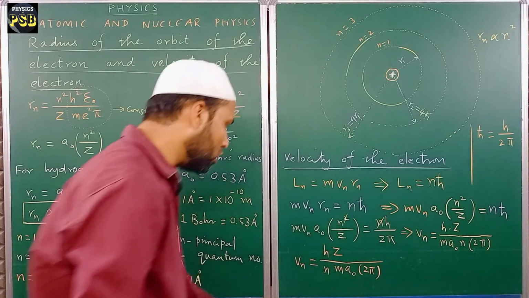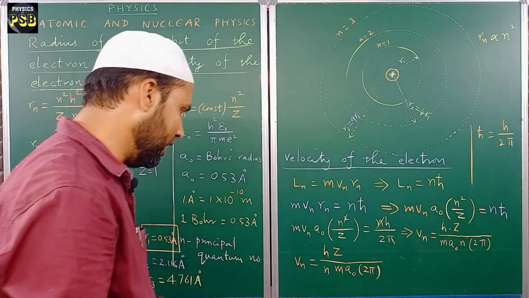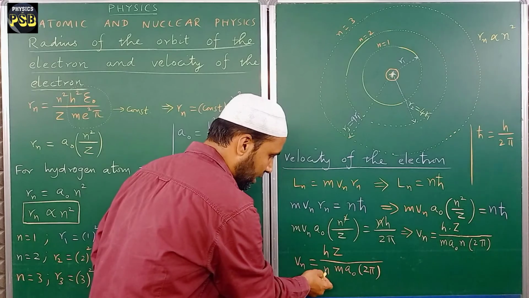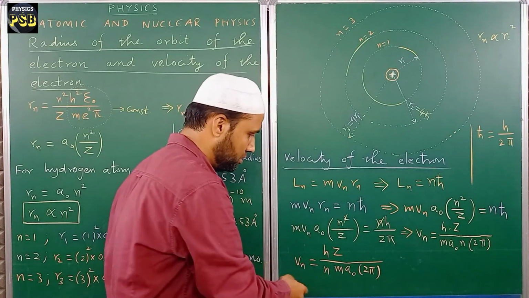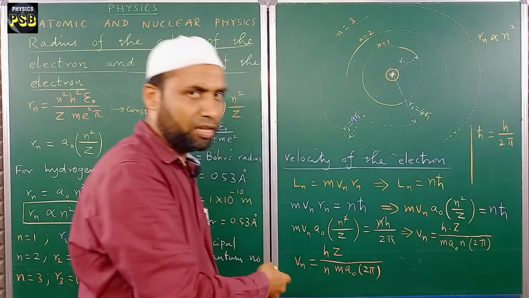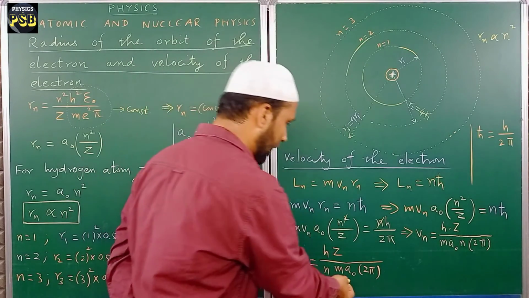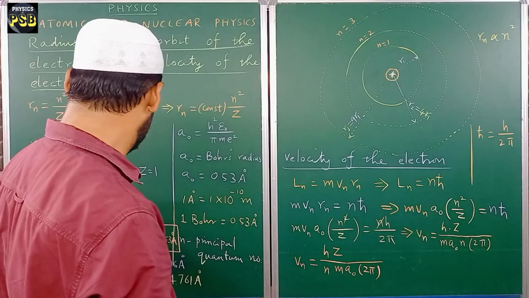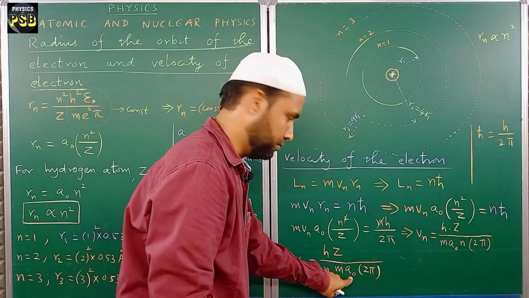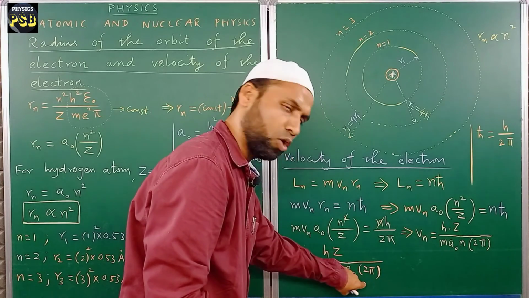And if you look at this equation carefully, you may find that here h is a constant, n is the principal quantum number, a variable, and m is the mass of the electron, which is a constant here, and a naught, which is nothing but Bohr's radius, is also a constant. 2 pi is a constant.